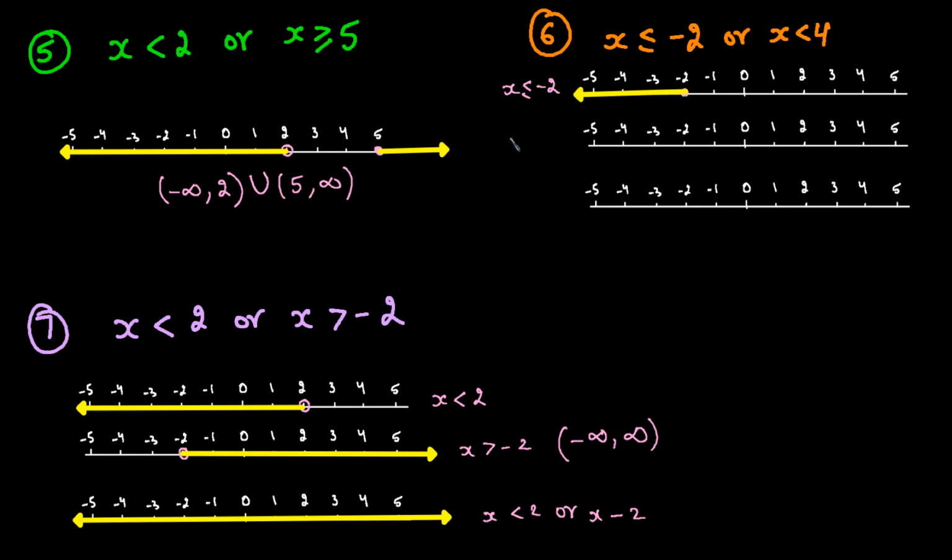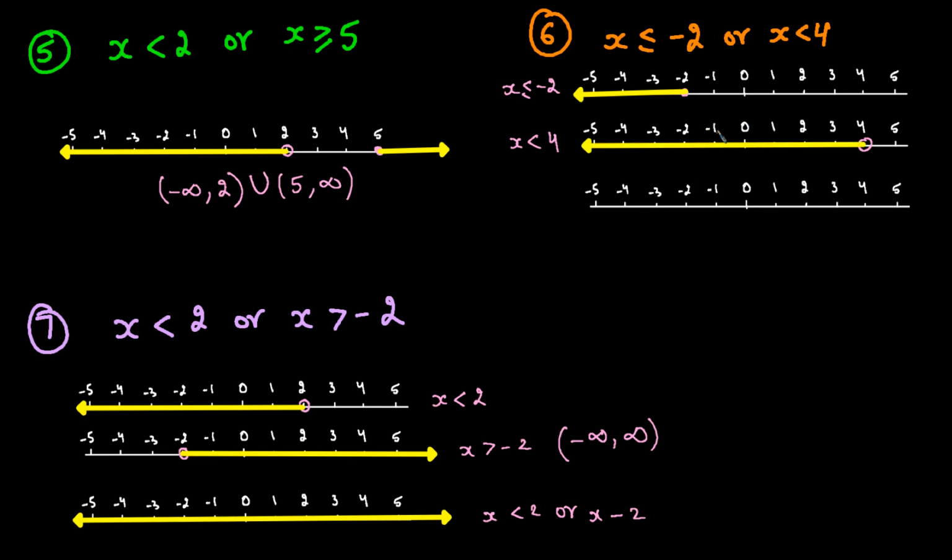Then let's do x is less than 4. So x is less than 4. Where is my 4? 4 is here, and less than means just an open circle, and we're gonna go towards the left because it's less than 4. So start from here, I'm gonna go to the left forever to the infinity.